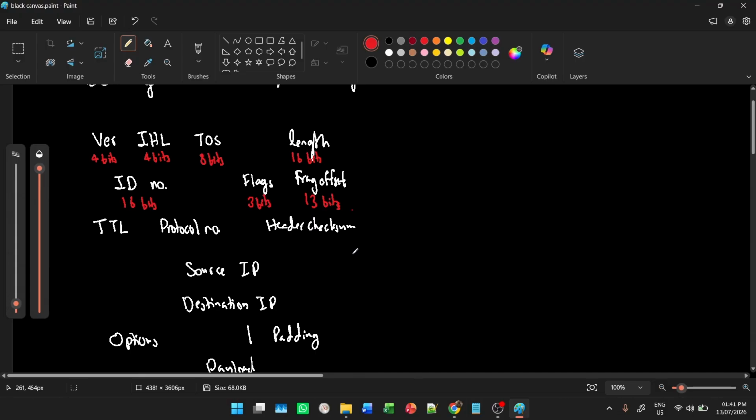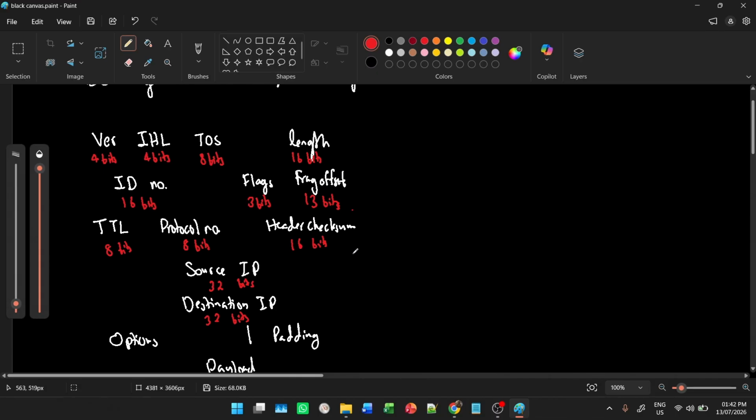Time to live is 8 bits. Protocol number is also 8 bits. Header checksum is 16 bits. An IP address is 32 bits. Destination IP, another IP address, is also 32 bits. We do not consider options and padding yet.